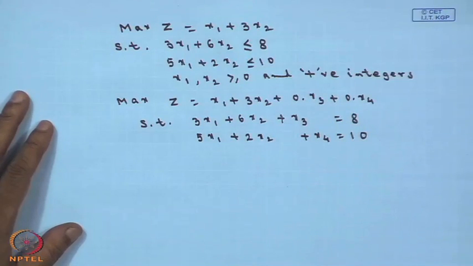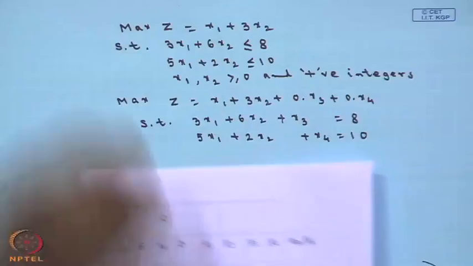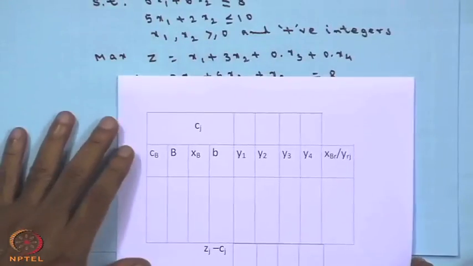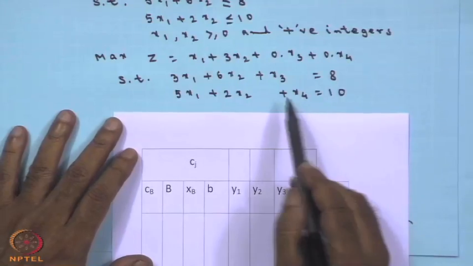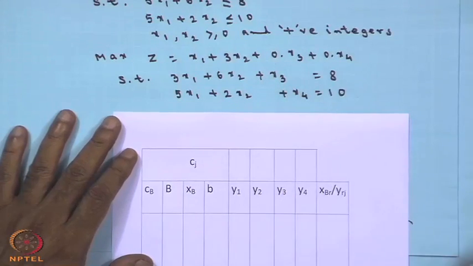From here you formulate the first simplex table, the way we did earlier. For this problem, the entering variables will be x3 and x4 because they form the identity matrix.